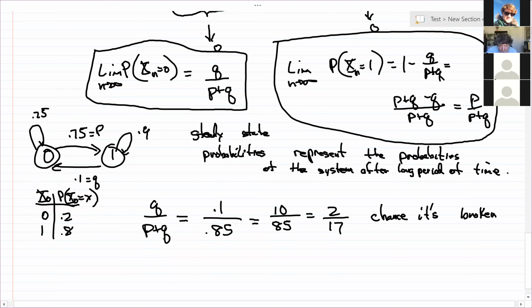What's the chance it's working? Well, that's this. Now I can go through all of substituting in, but it's pretty clear it's going to be what? 1 minus whatever this was. So that's 15 out of 17. That's the chance it's working.